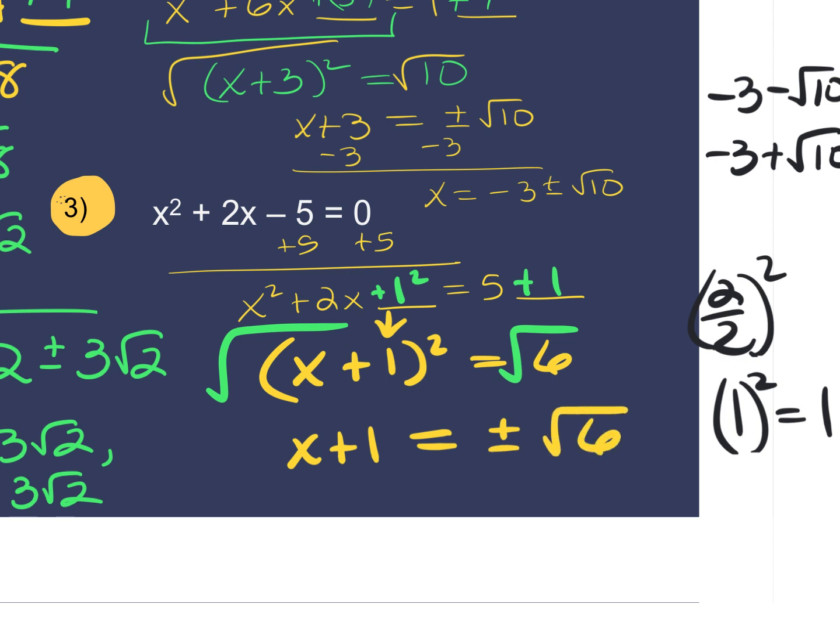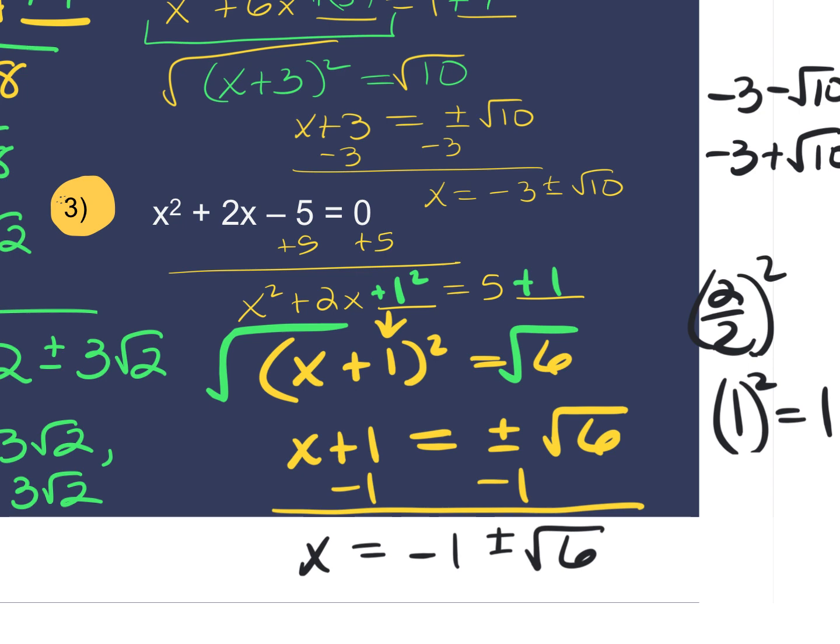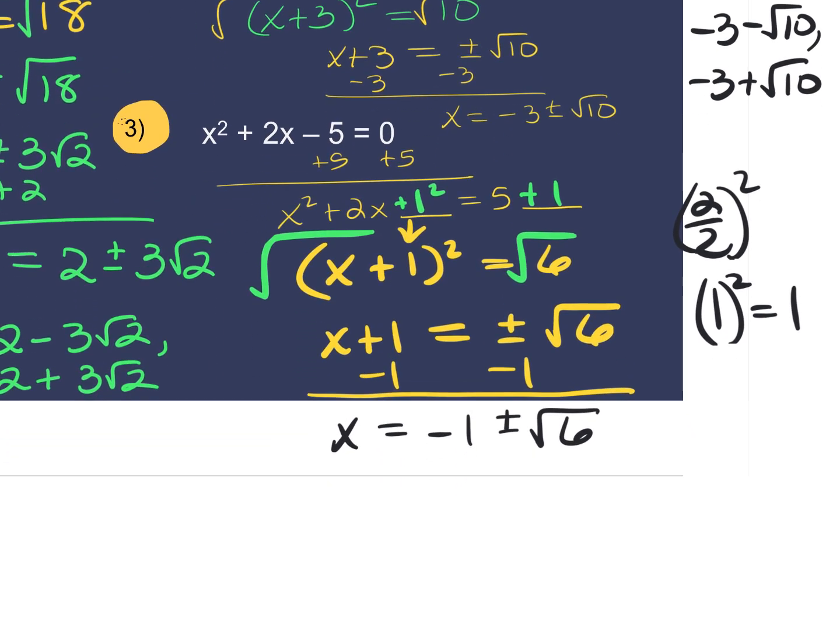I can't simplify the square root of 6, so I just leave it alone. Subtract the 1. And now I get x is equal to negative 1 plus or minus the square root of 6. And again, WebAssign wants you to pull it apart. So negative 1 minus the square root of 6, and then negative 1 plus the square root of 6.